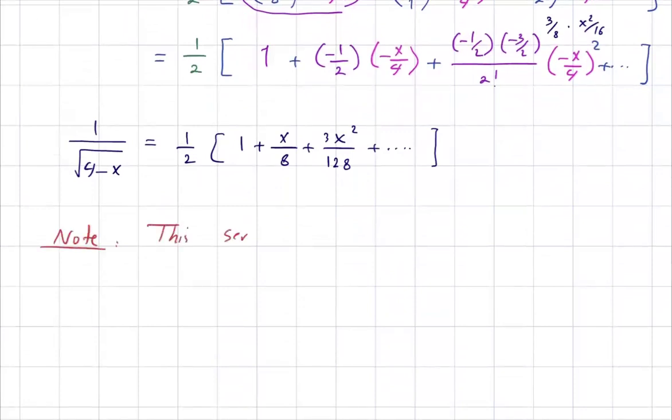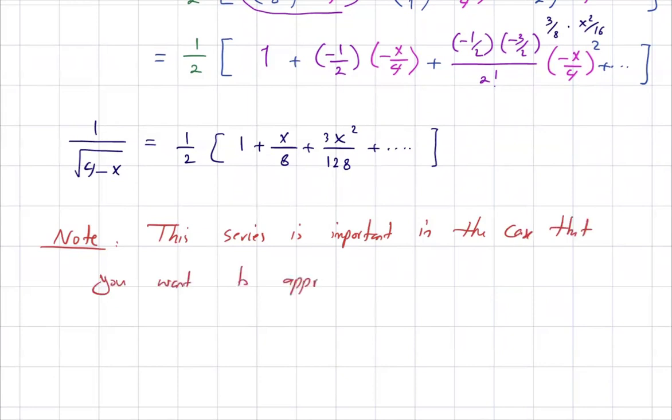This series is important in the case that you want to approximate an integral, for example, of the form, the integral of 1 divided by square root of 4 minus x cubed dx. We don't have a technique to calculate this integral. So what we do instead, we can use this power series expansion, and wherever you see x, you're going to use x cubed to approximate the integral.